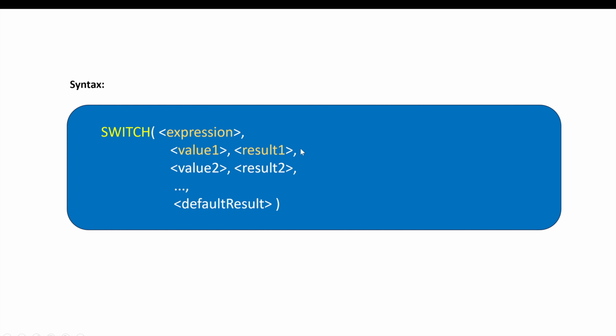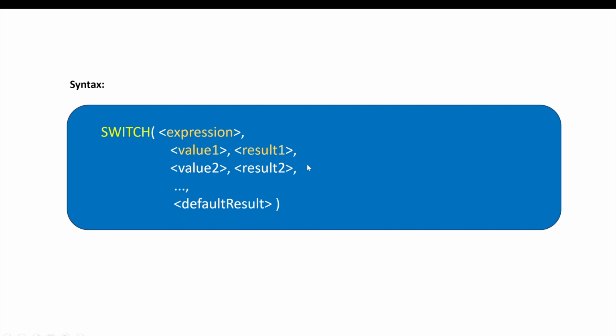This represents the conditions: if the first condition is true, what is the result? If the second condition is true, what is the result? And likewise, at the end we have the else part. That means if all the conditions are false, then the default value that will be returned by the SWITCH function is written as the default result.